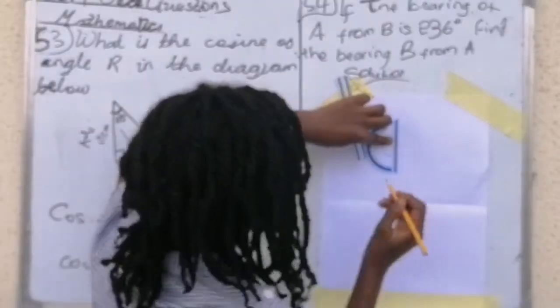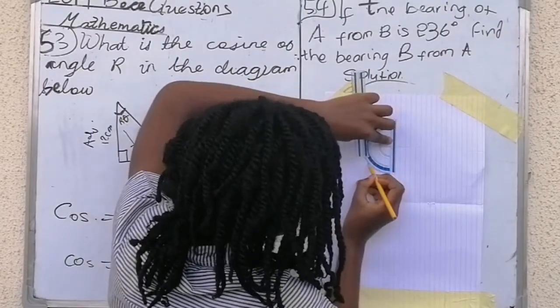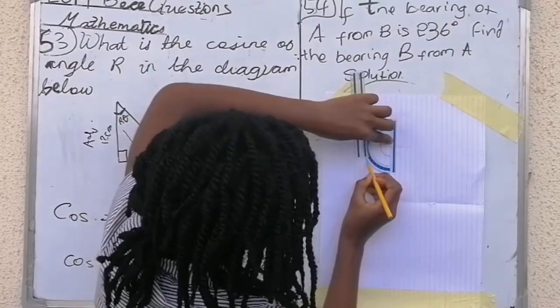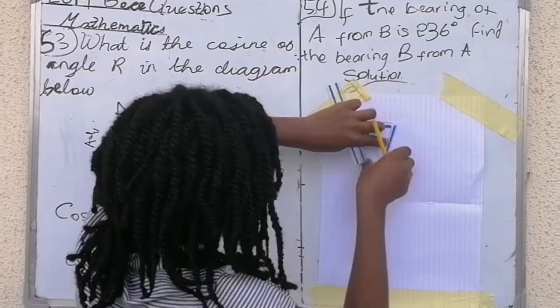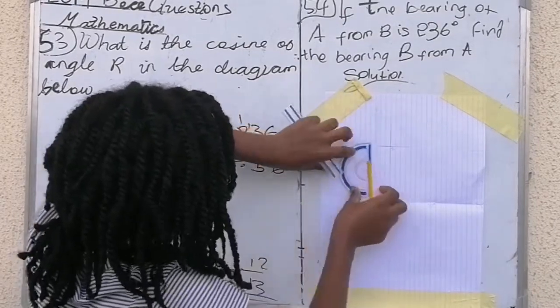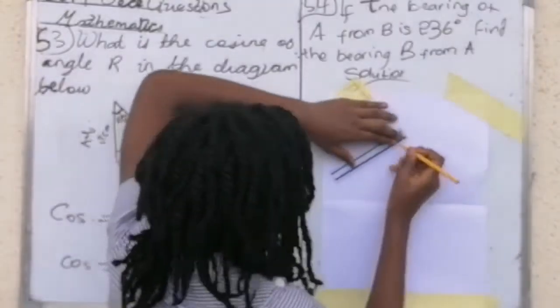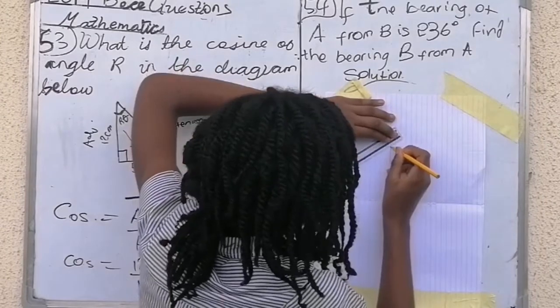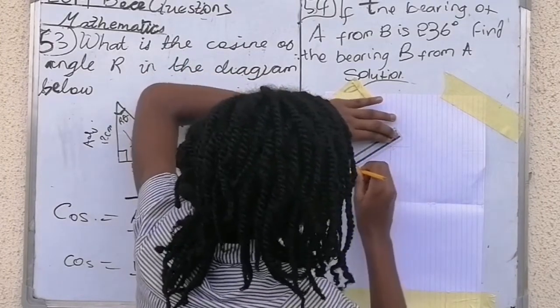Good. Now let's construct 56 degrees. So this is 50, this is 55, and 56 degrees is here. So let's construct, drawing from here to this point, or even more.